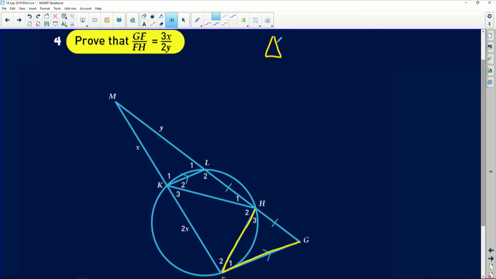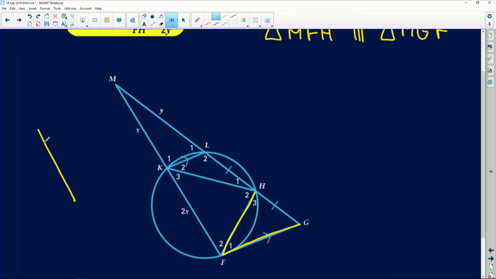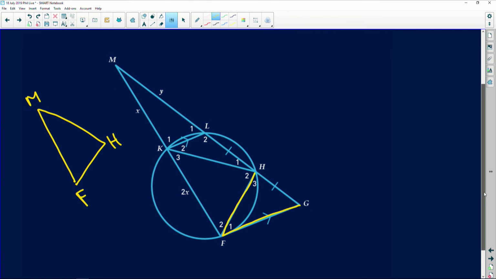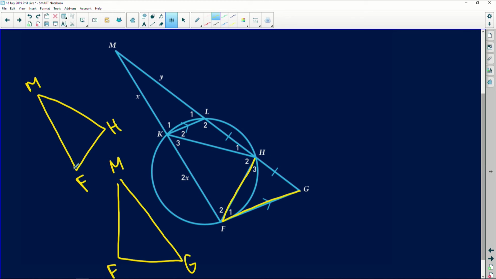Okay, so firstly, we've just proved triangle MFH is similar to triangle MGF. We've just proven that. Okay, so if we look where these two sides sit, we've got triangle MFH, and triangle MGF. Now remember, because of their correspondence, this angle here is equal to that angle there.